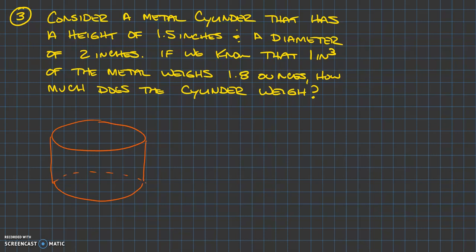And it has a height, so there's my height, of 1.5 inches. It has a diameter of 2 inches, so that means I have a radius of 1 inch. So a diameter of 2 inches, a radius of 1 inch, and I know that 1 cubic inch, not 1 meter, 1 cubic inch equals 1.8 ounces.